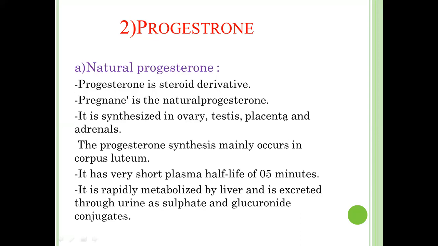The progesterone synthesis mainly occurs in corpus luteum. It has a very short plasma half-life of 5 minutes. It is rapidly metabolized by liver and excreted through urine as sulfate and glucuronide conjugates.